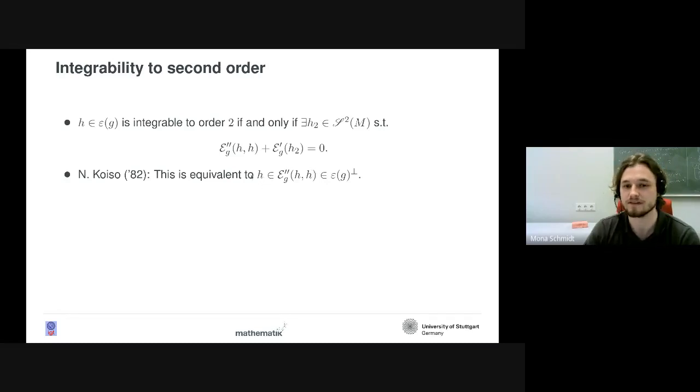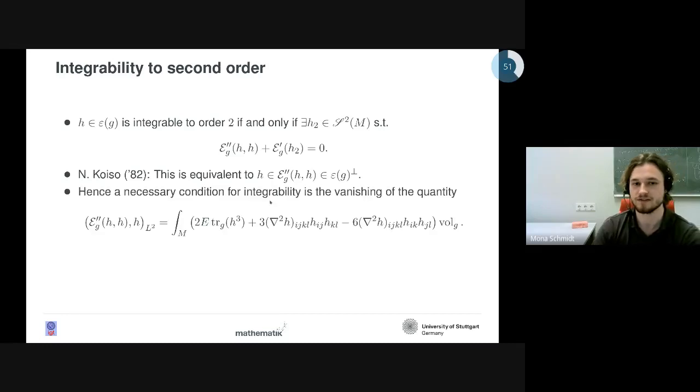Sorry, that shouldn't be there. Ignore these two symbols. It's equivalent to the fact that this E'' of h is perpendicular to the space of infinitesimal Einstein deformations. So in particular, a necessary condition for integrability is that this here vanishes.